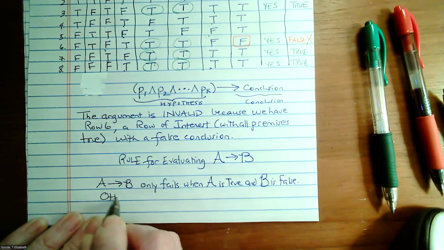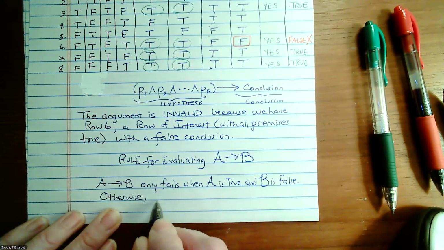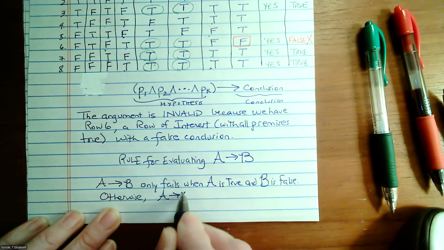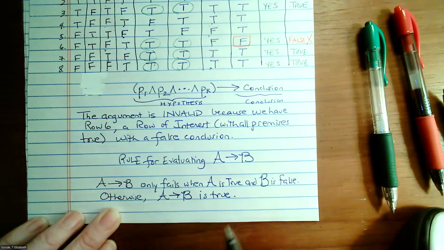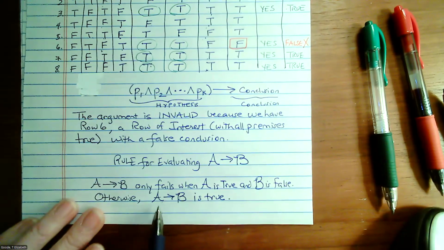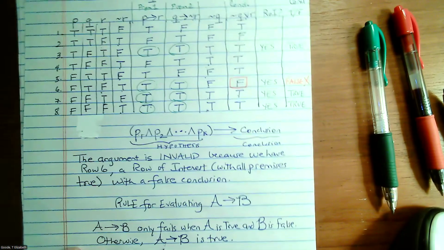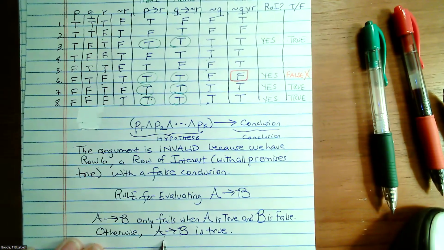Otherwise, if A, then B is true, including the rows where the hypothesis, {A}, is false.